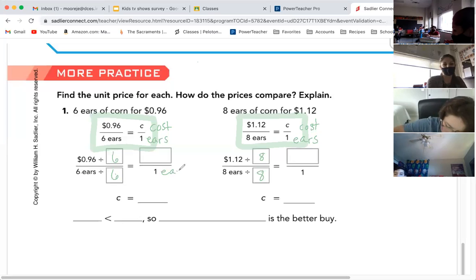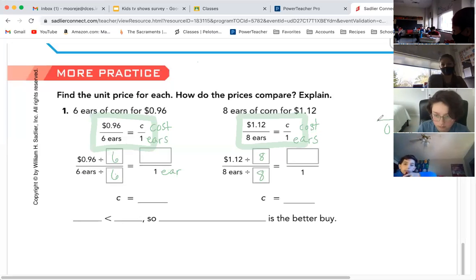1 ear of corn. But 0.96 divided by 6, I'm going to go off to the side with that. 96 cents divided by 6. We'll see that it goes, let's try it out. Drop down the 6.